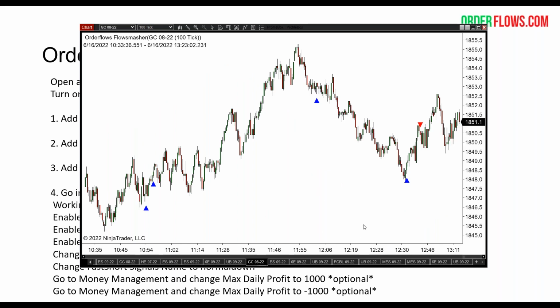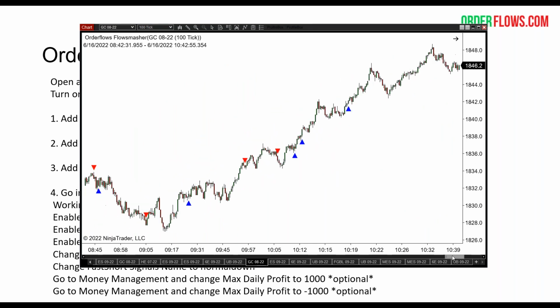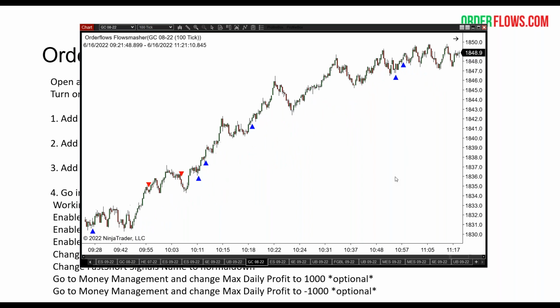Gold, okay, this 100 tick chart in the gold. Gold was a nice mover today, right? You can see, okay, you had a small trade here, maybe a small loss here, a loss here. Then you get a trade here, small loss, then you catch that big runner right here. I mean, look how this thing just kept running, right?